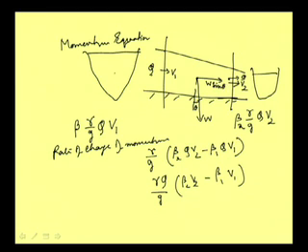Then if the depth up to the centroid is z bar, the average pressure we can get at this point is gamma into z bar, multiplied by the area.